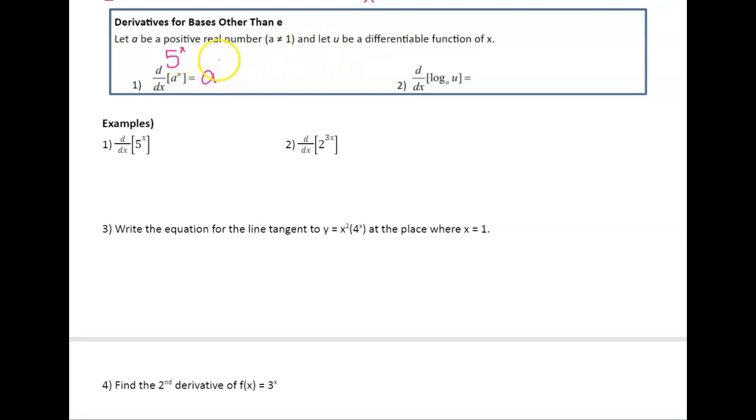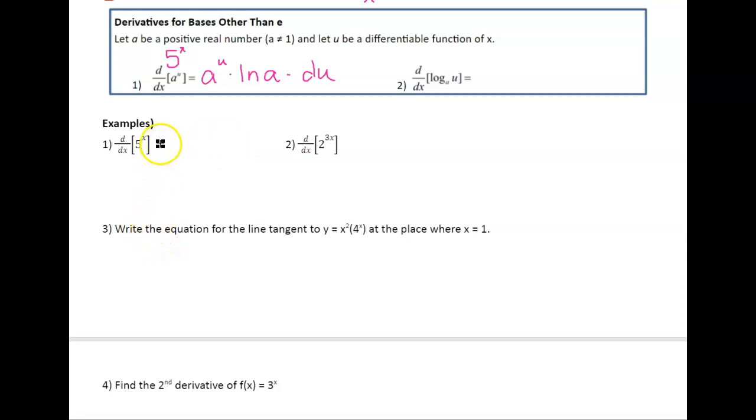It's a to the u. It also has its own derivative, but it's also multiplied by the natural log of a, and then you have to take the derivative of the exponent. So a to the u ln a times du. It's a long one. The good thing is we don't really use this outside of derivatives, so for this section you'll memorize it and then you probably won't see it again.